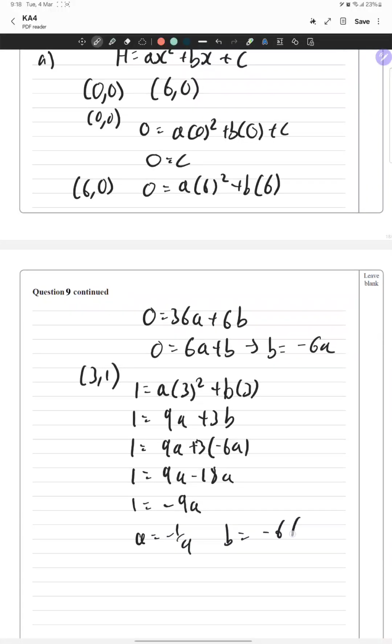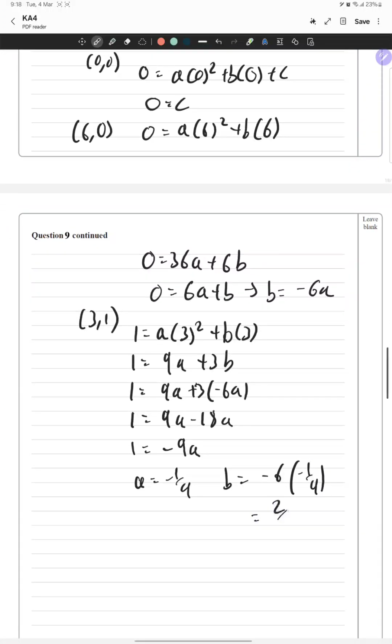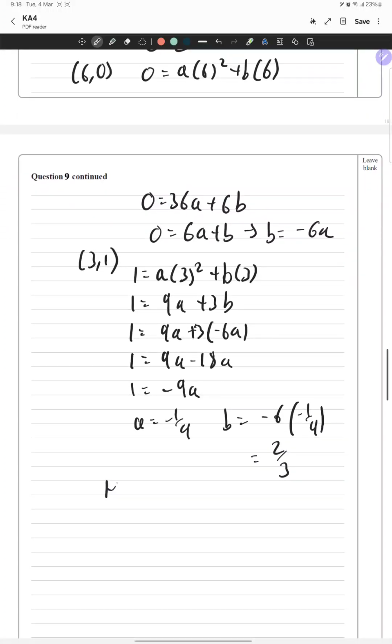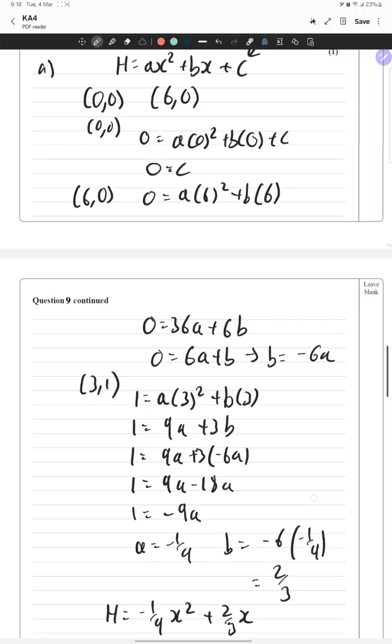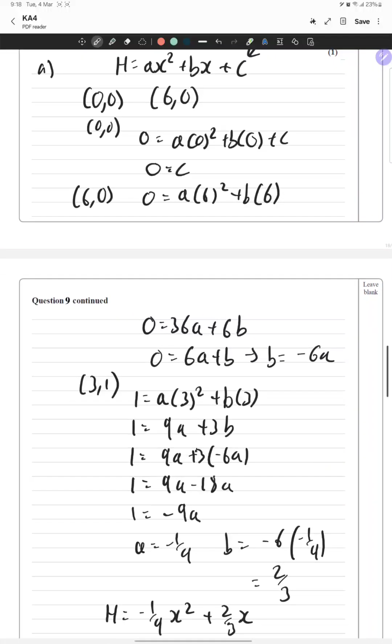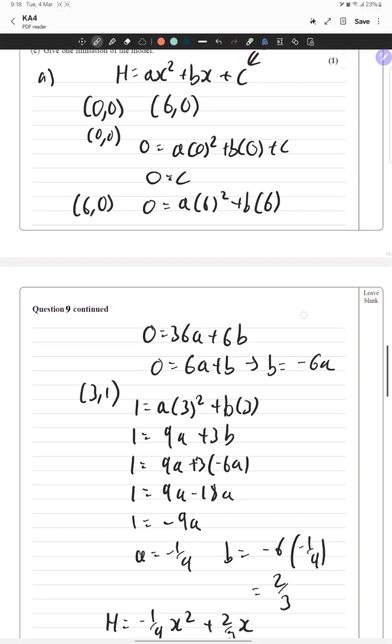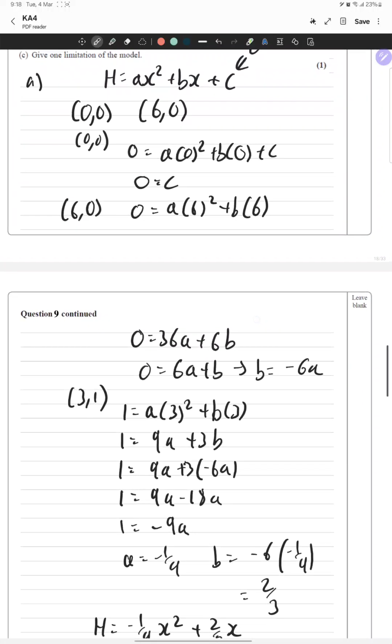So b is minus 6 times minus 1 over 9, or 2 over 3. And h is minus a 9th x squared plus 2 over 3 x. Not the quickest way, and if you want to know some quick ways, you can ask teachers. But that is the safest way.